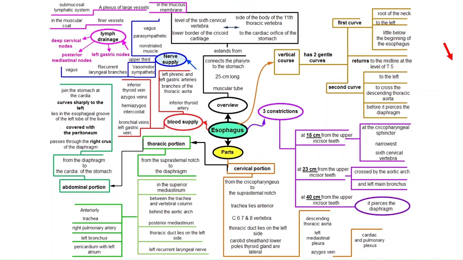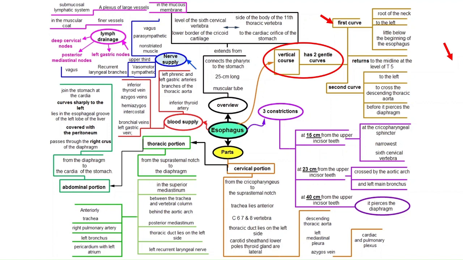Endoscopy is a tube that the patient swallows, and the measurement is taken from the point of the incisors, the teeth, and it is the violet idea. So if you follow the 3 constrictions, you follow the line and then you go to your right.